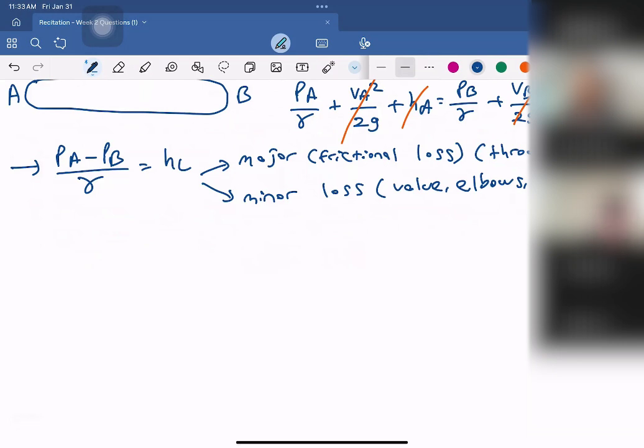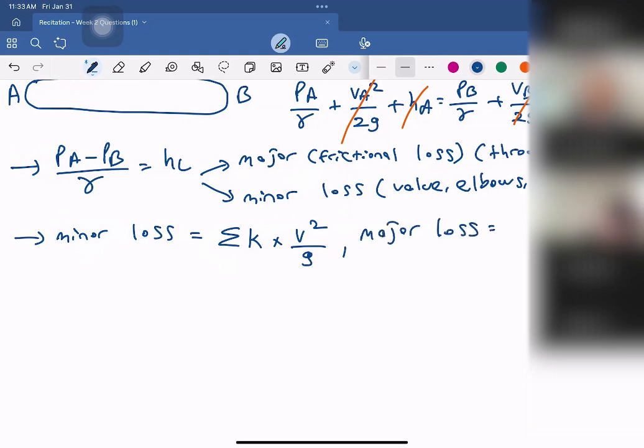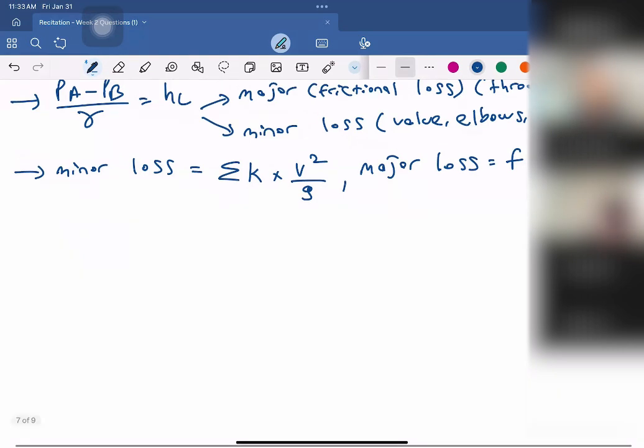Okay, so to calculate losses, we need to find velocity because minor loss is the sum of all of the loss coefficients times v squared over g. Major loss is, of course, this equation. So anyway, we will need to find velocity.